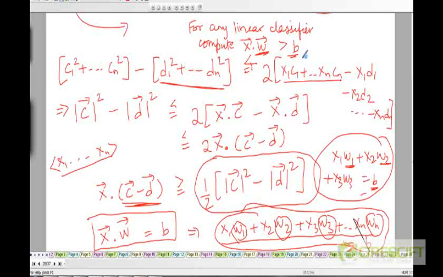So in your test phase, all you need to do is compute x dot w and see if it's greater than B or not. For any linear classifier, this is the kind of equation you will get for the decision boundary. I derived this for the Rocchio algorithm, but you can derive this for any algorithm that corresponds to a linear classifier. You will get an equation of this form.